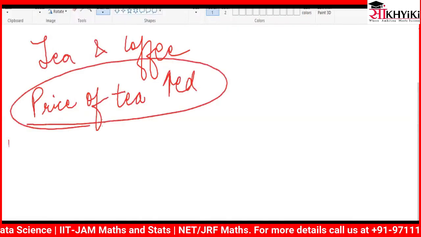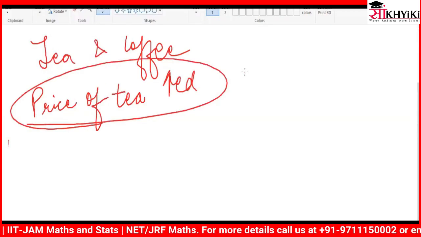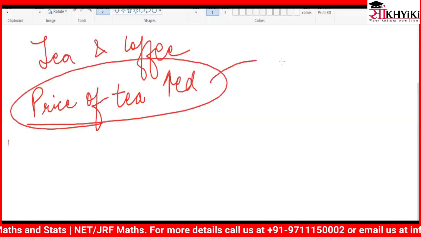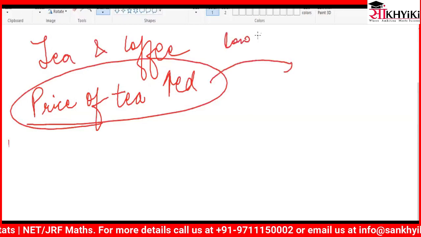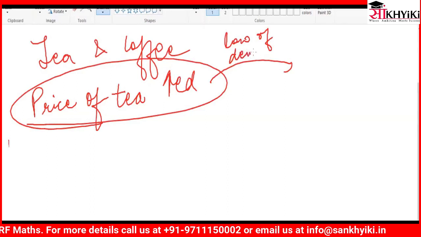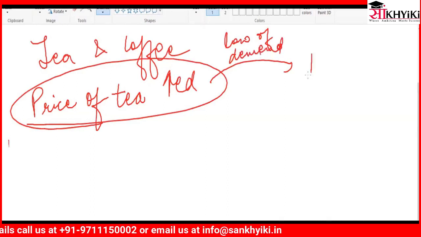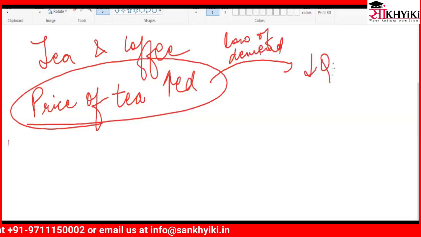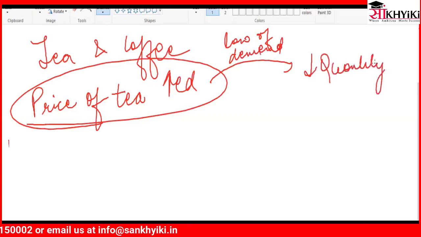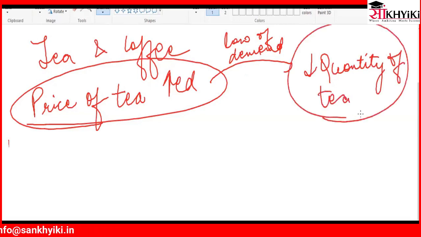Because the price of tea increased, I should definitely reduce the demand. So from the law of demand, an increase in the price of tea would mean a decrease in the quantity of tea. So I will consume less tea. But I still have to consume something.